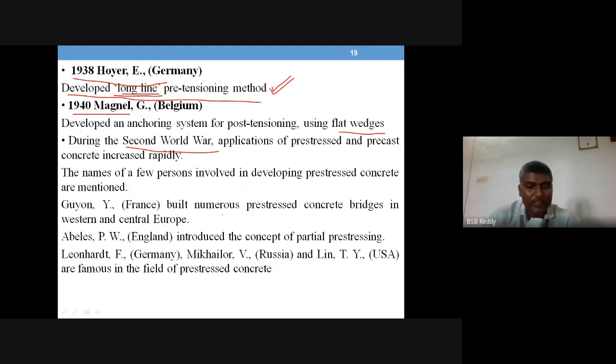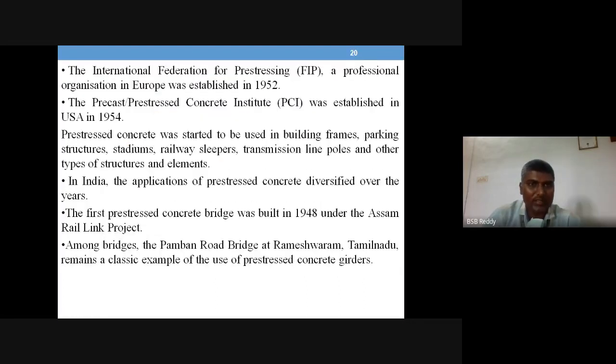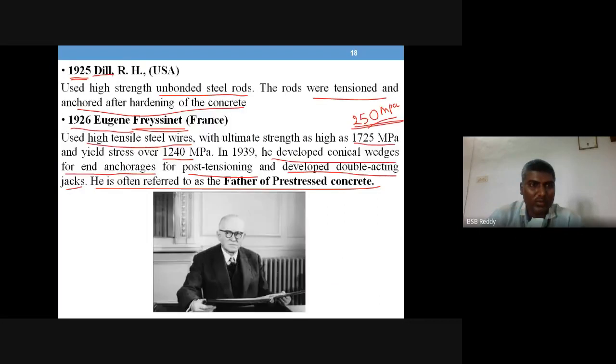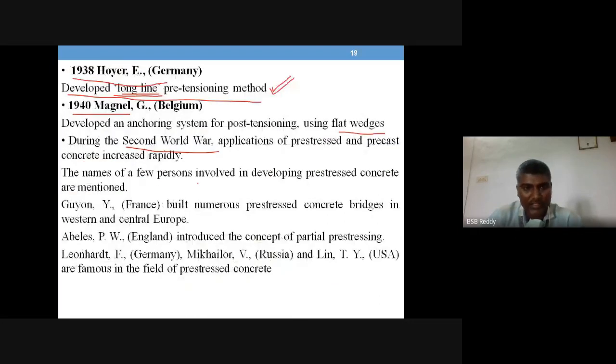Okay, so the history that you can see is spreading from around 1820, where concrete manufacturing started, to around 1920, 1930. So almost 100 years roughly.